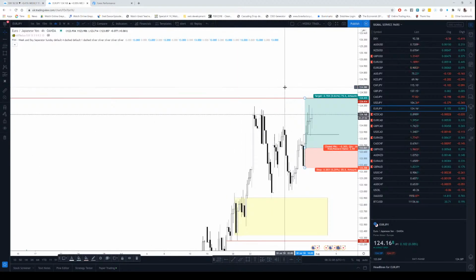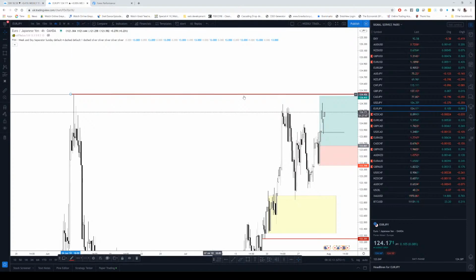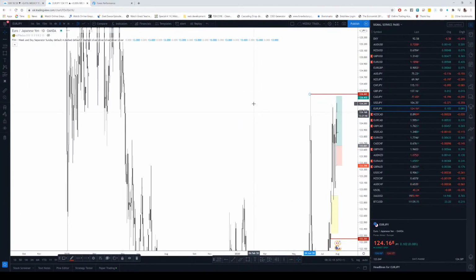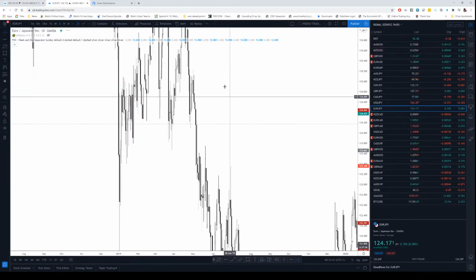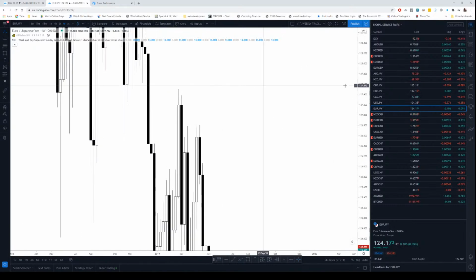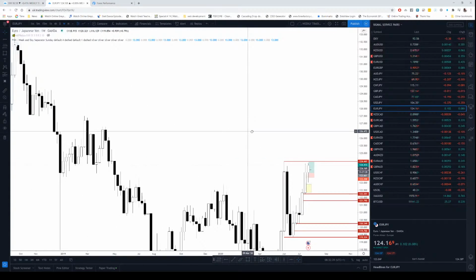Okay, so on the euro yen, I think it's going to clean this equal high, this high and that high. Let's go on the weekly. Price is looking very interesting these days.